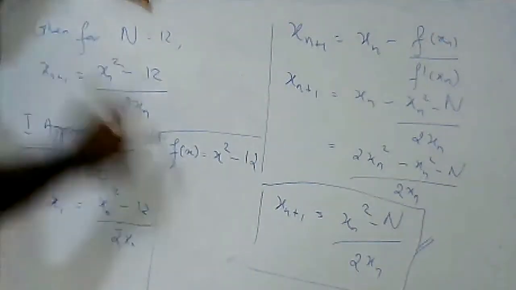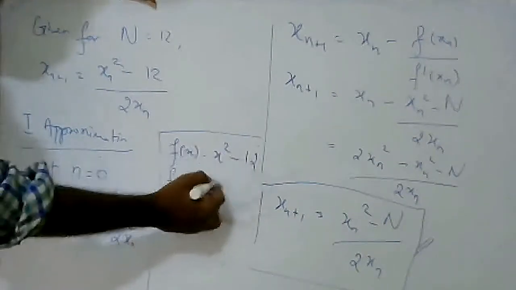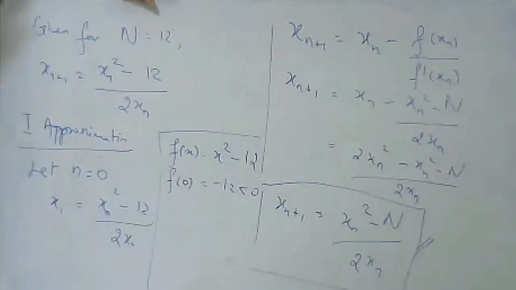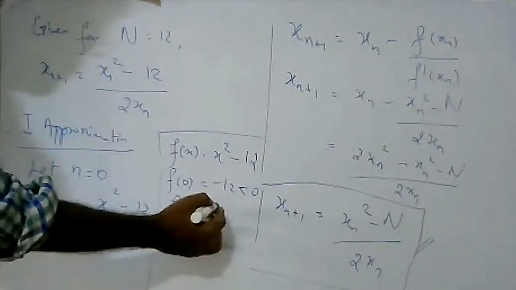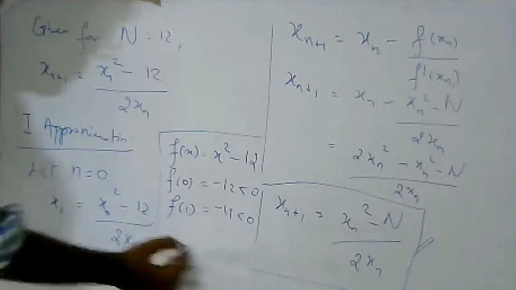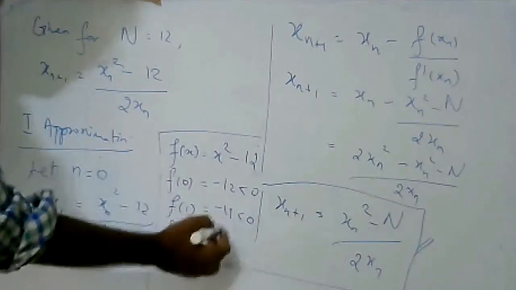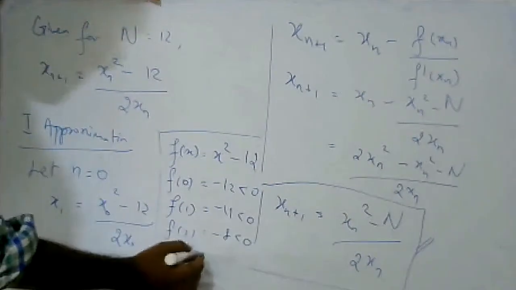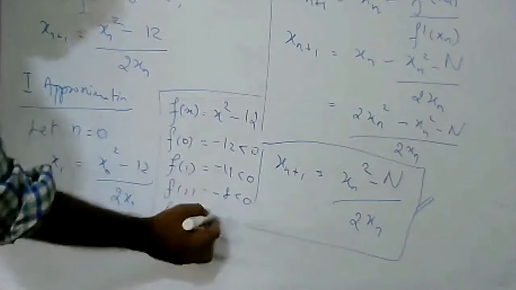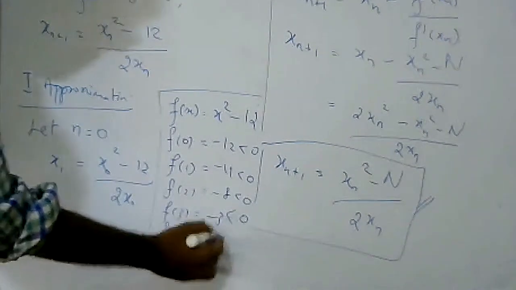Now f of 0: 0 minus 12 is minus 12, less than 0. f of 1 is 1 minus 12, minus 11, less than 0. f of 2 is 4 minus 12, so I get minus 8, less than 0. f of 3 is 3 square, 9 minus 12, minus 3, less than 0. f of 4 is greater than 0.